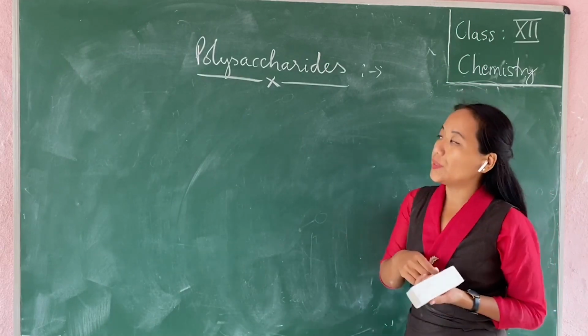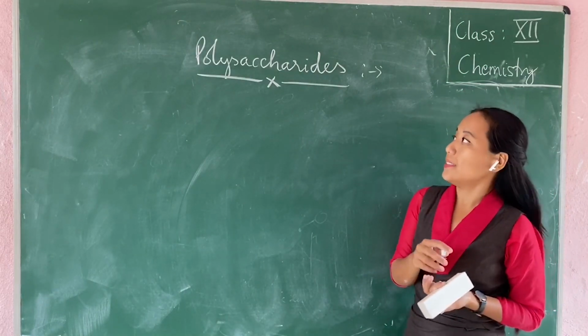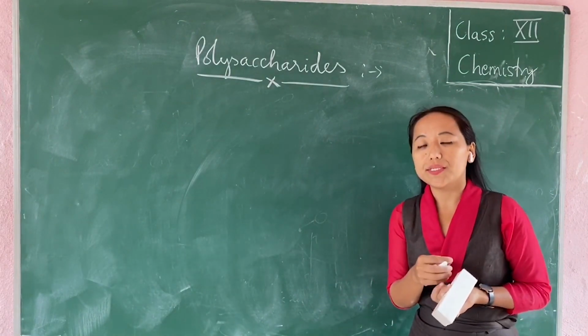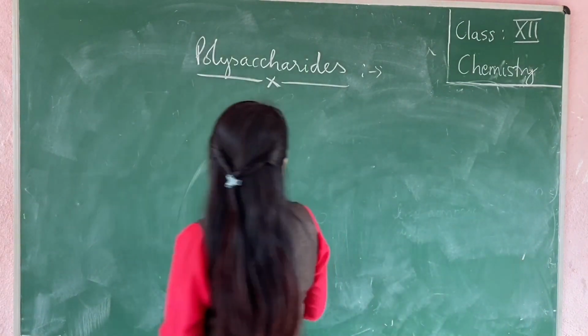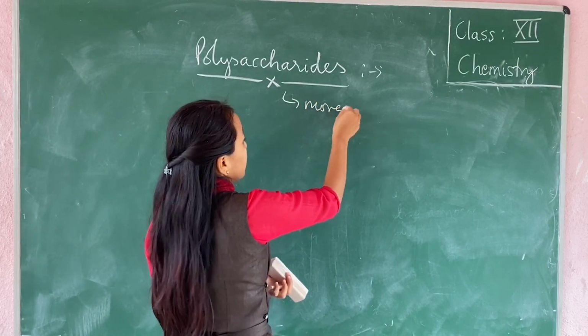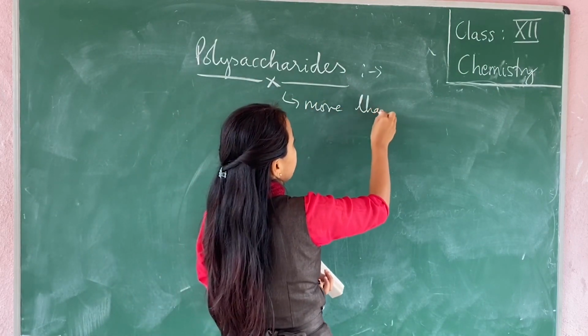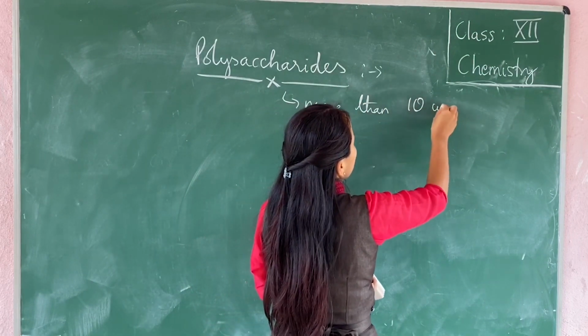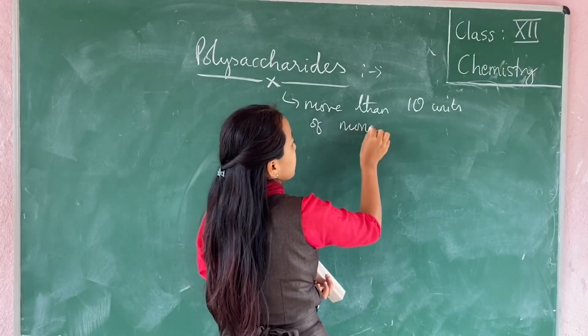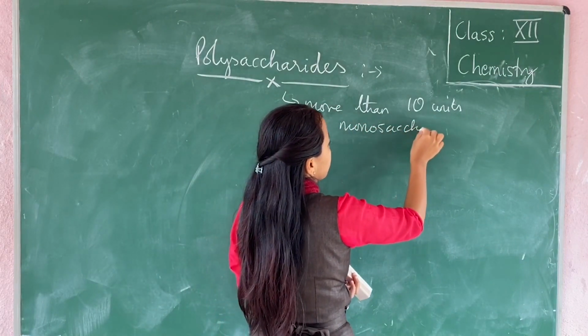Now that we are done with monosaccharides and disaccharides, the next one is polysaccharides. Let's recall what polysaccharides are. Polysaccharides are the carbohydrates which produce more than 10 units of monosaccharides on hydrolysis.